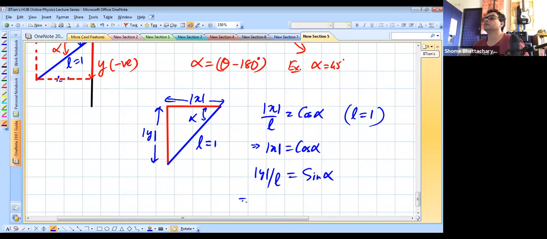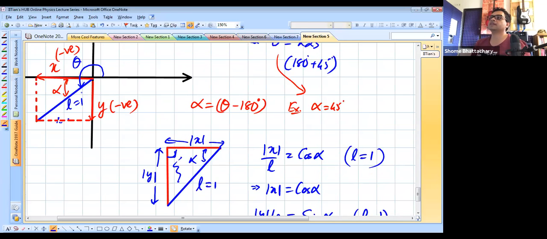So it is sine alpha. And again, using the fact that L is a unit length, mod of y is becoming how much? It is becoming sine alpha. So in my above example case, it is becoming cos 45 and sine 45, which are 1 by root 2. Okay, because this is that right angle triangle. So this triangle, this one, I've just picked out from the original quadrant diagram.